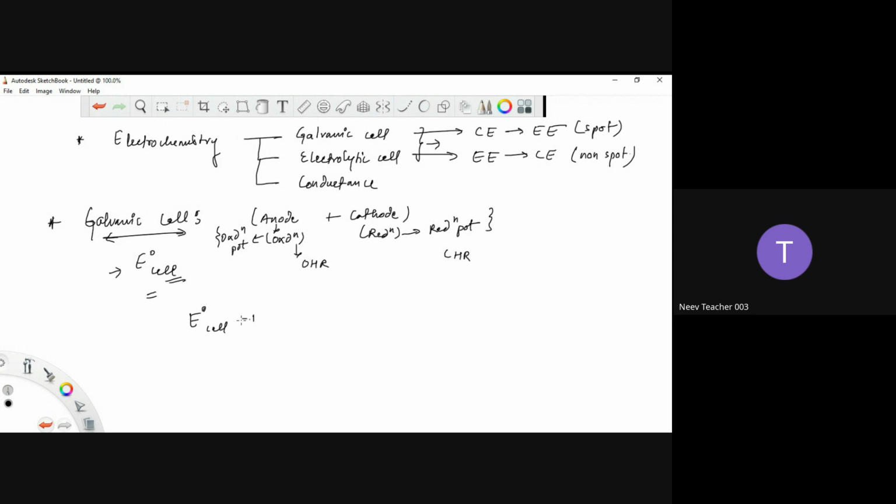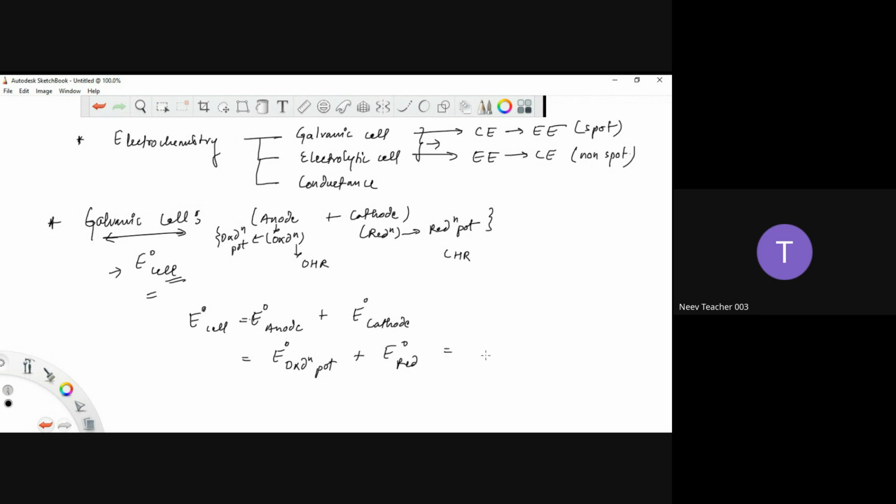Combination of E naught of anode and E naught of cathode. And at anode, oxidation happens, so you need to take oxidation potential of anode, or you can use reduction potential of cathode. Take the sum, and that will be your answer.